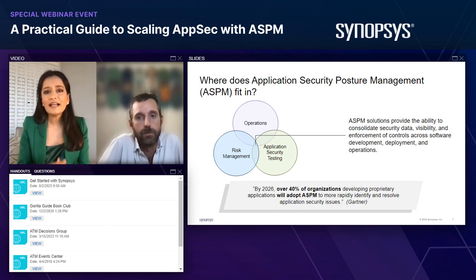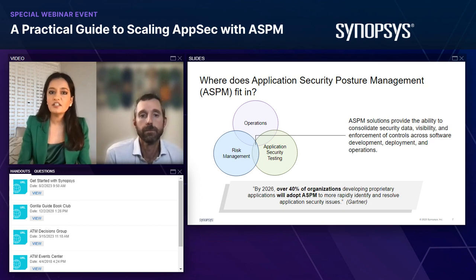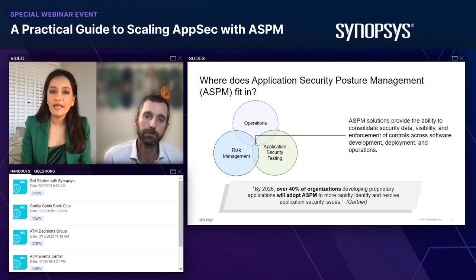So Gartner identified this trend called application security posture management, or ASPM, and it was really a derivative of a confluence of a lot of trends that were happening in the application security industry, with risk management and specifically a keen eye on software risk management being a very primary concern, having that visibility across the board.